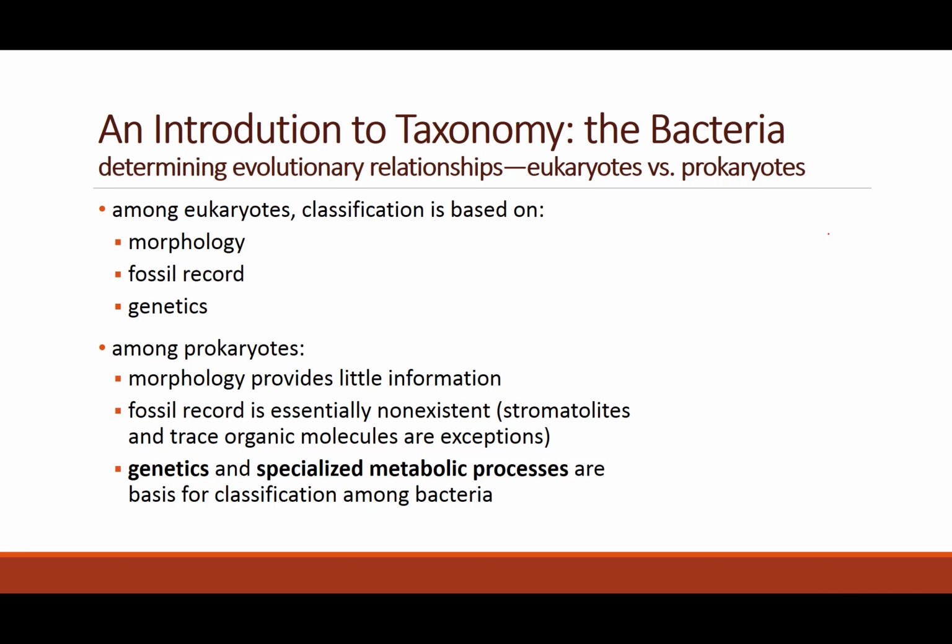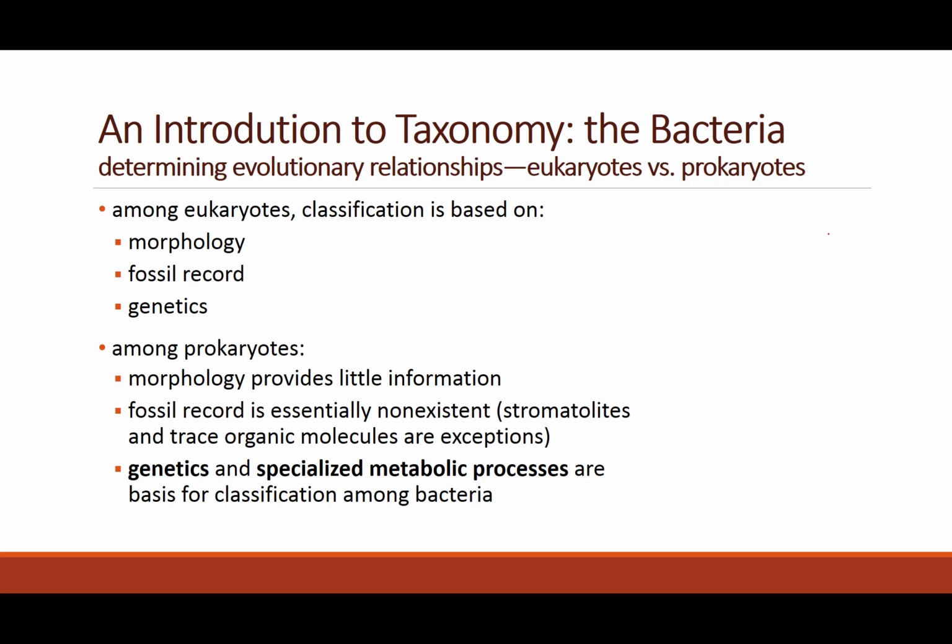There are some big exceptions to this. Stromatolites that we just talked about, the cyanobacteria, are one example of an exception. And when we can find trace amounts of organic molecules, then that tells us a little something about living organisms in that area as well.